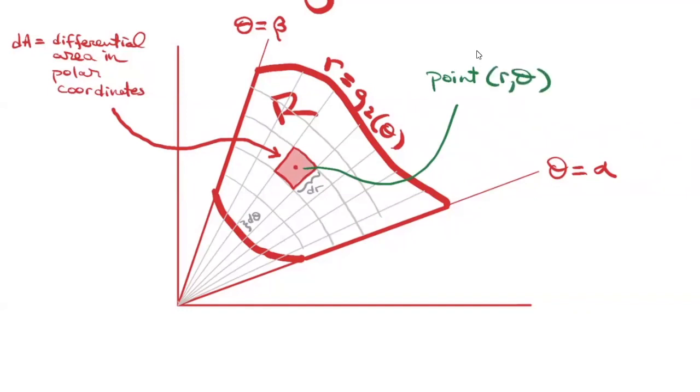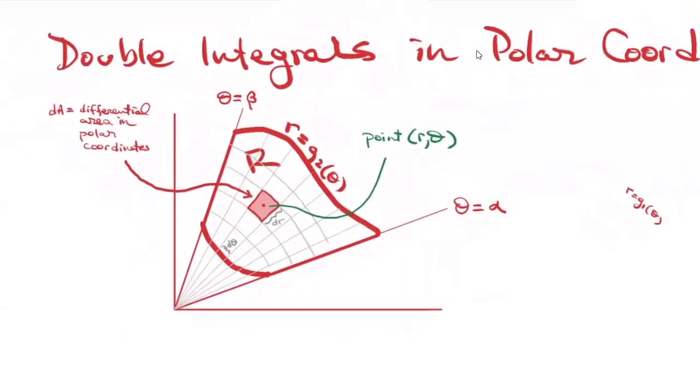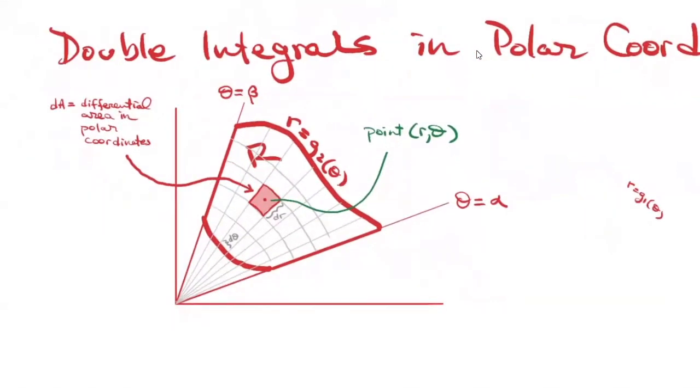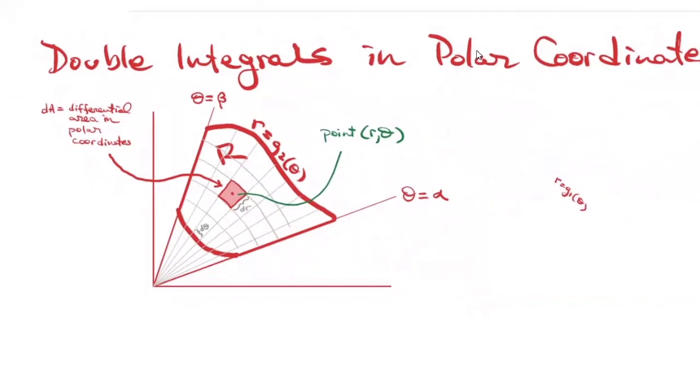I need to find the formula for dA in terms of r and theta, because we're going to be doing a double integral with a dA in it, since you're integrating over patches of area. dA has to be converted just like it was in xy coordinates, where dA was dy times dx. But now dA has to involve differentials in r and theta.